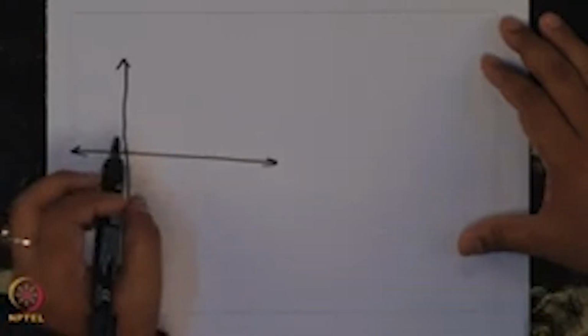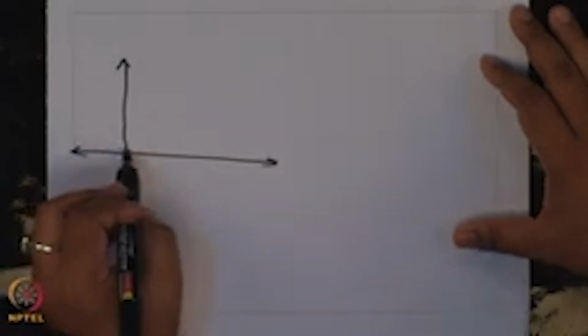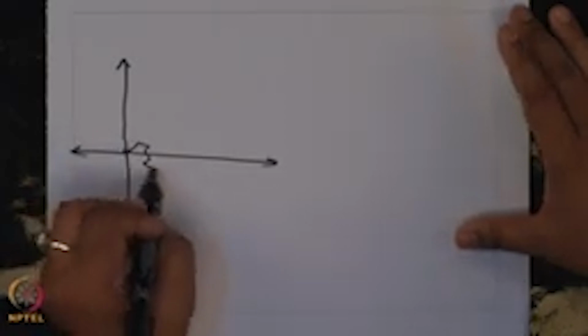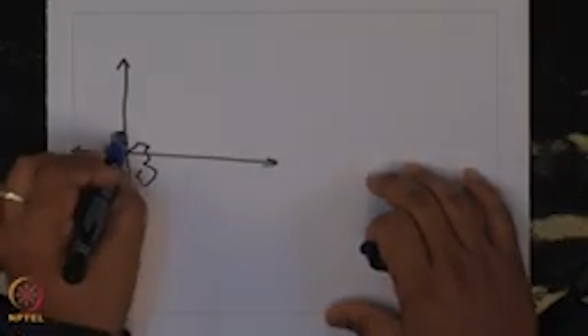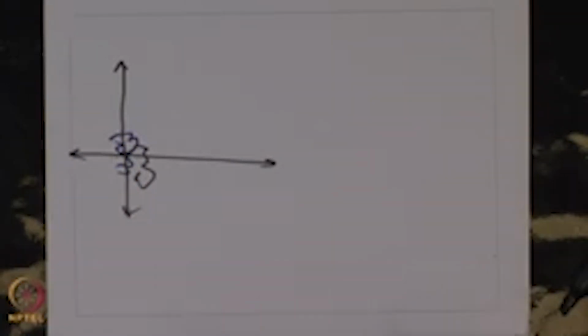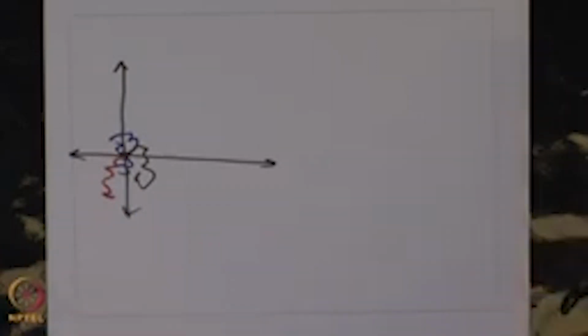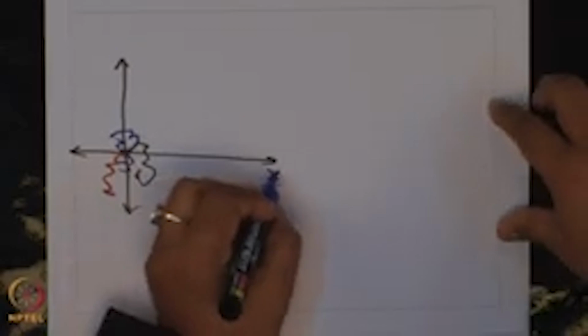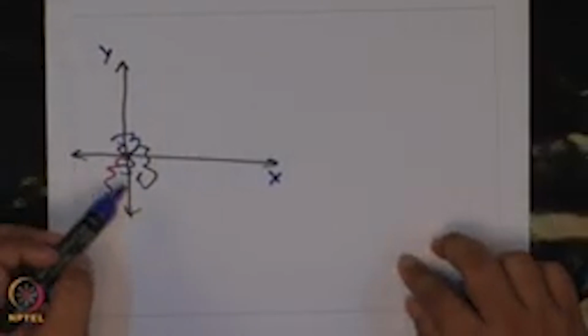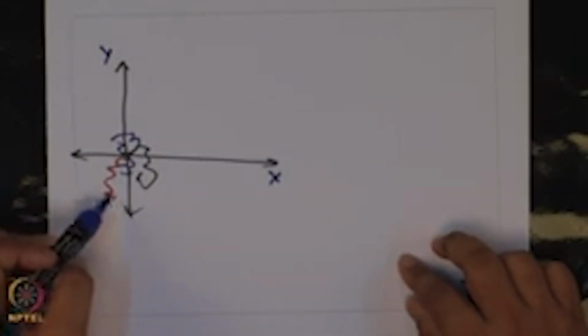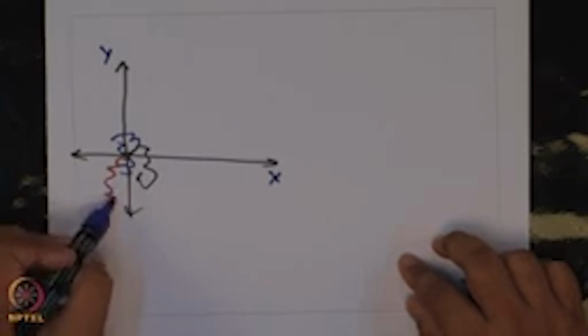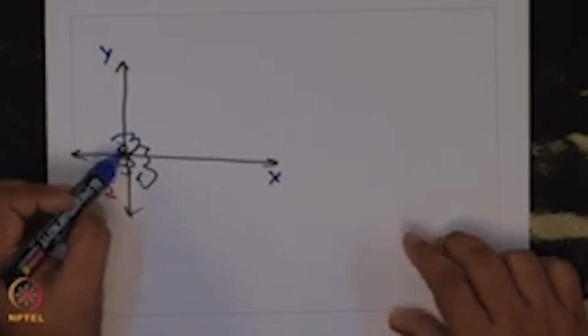If I were to draw the trajectories of individual cells which are migrating randomly, this might be one particular trajectory, this might be another, and this might be another. Here this is x, this is y. What you find is that between individual trajectories, one particular cell might have moved a greater distance from the center, while other cells might just be sitting in their position.